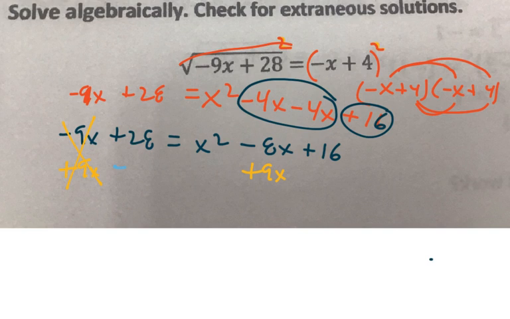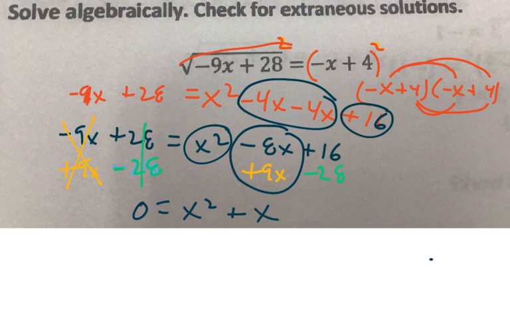I'm also going to minus 28 both sides. 28 minus 28 is 0. And that 0 will equal x squared. 9 minus 8 is 1x. 16 minus 28 is negative 12.